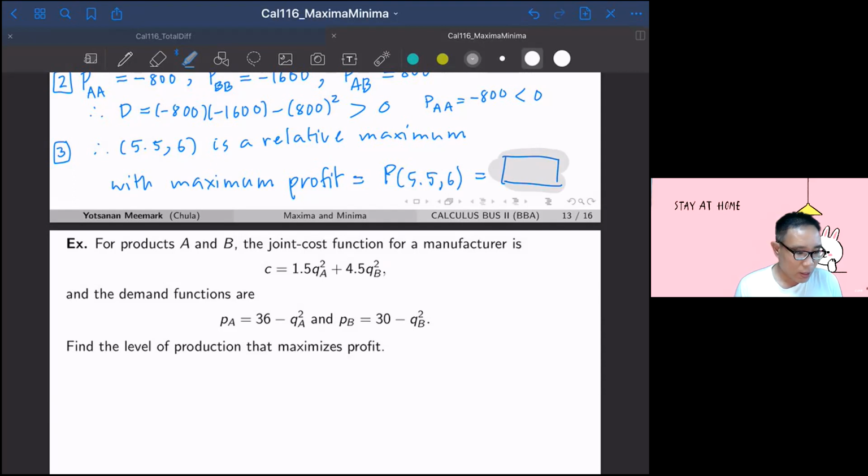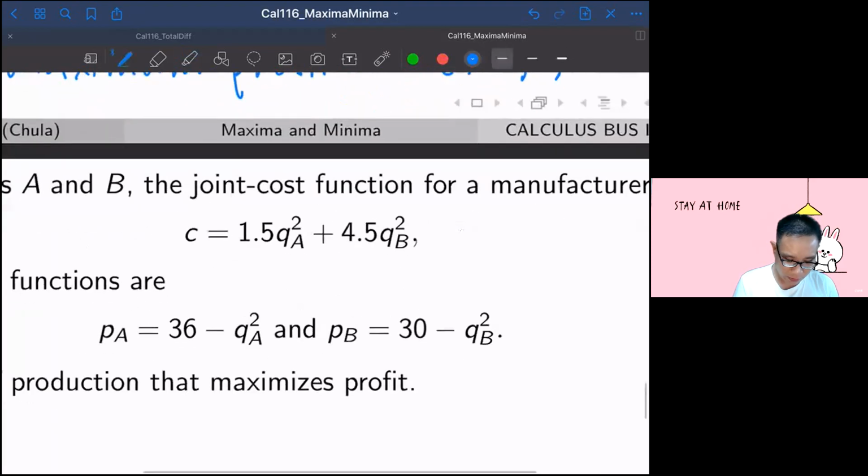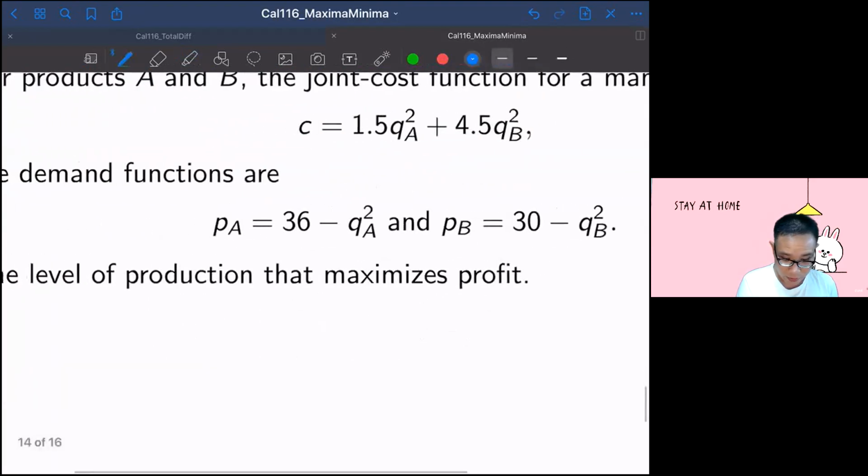So in this case, again, we have the demand function. The demand function will imply the revenue function. So let me write down here. The revenue is going to be the price multiplied with the quantity that you can sell, PA QA plus PB QB in this case.